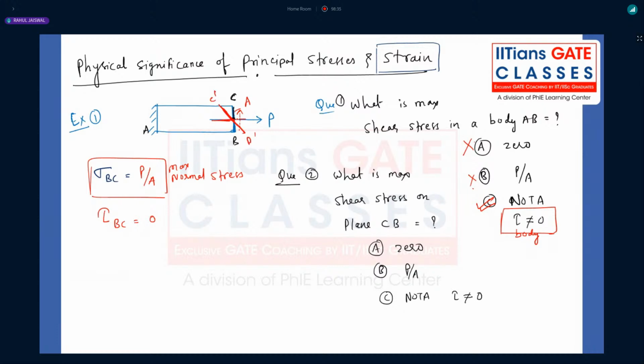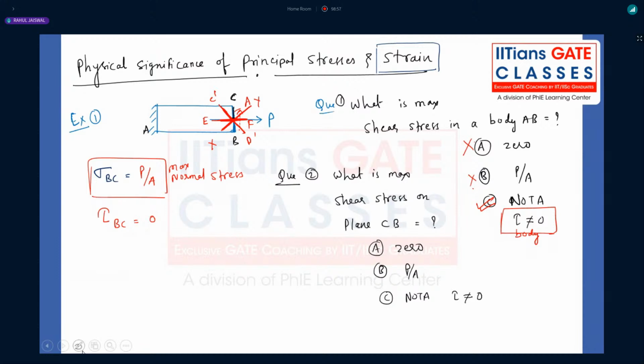There might be a possibility that stress will be generated on the EF plane. There might be a possibility that it might be generated on the XY plane, right? Stress is defined at a particular point, and at a particular point, how many planes are passing? Infinite planes are passing, right?